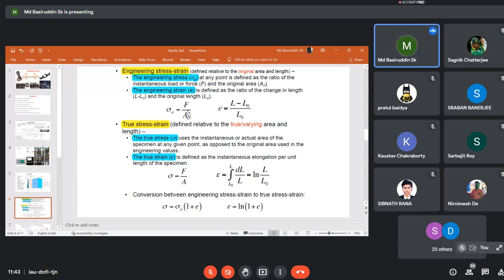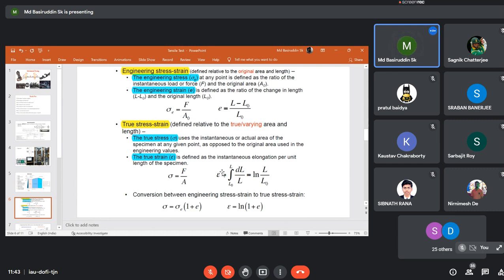So for engineering stress we either use sigma e or S. In case of true stress and strain, we only use sigma, and for strain we use epsilon. You need to keep these in mind to separate the engineering and the true stress strain.